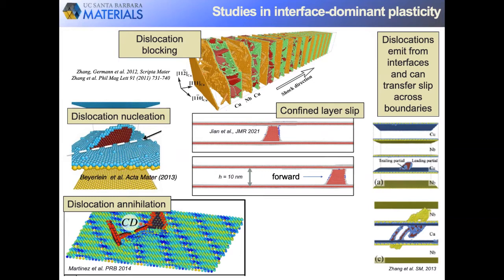And also, more importantly, the ability for these interfaces to heal, to actually annihilate and act as sinks for these dislocations. So in these calculations, they all found them to be unusual and fascinating, and how profoundly the interfaces control dislocation motion.